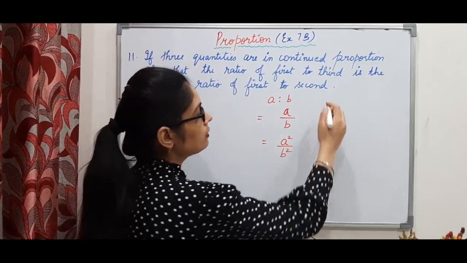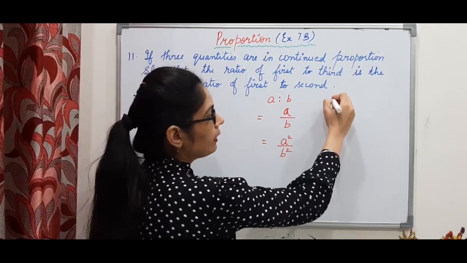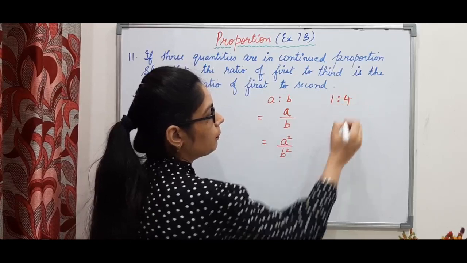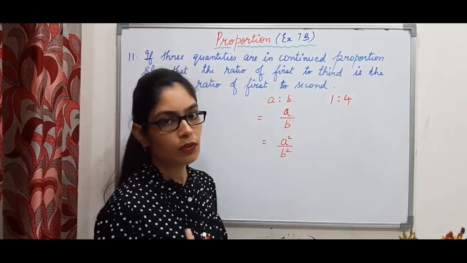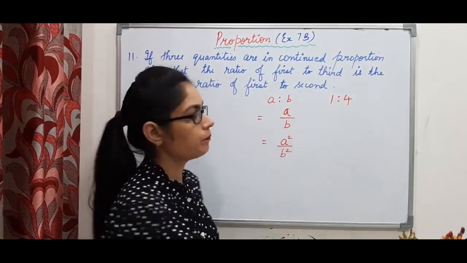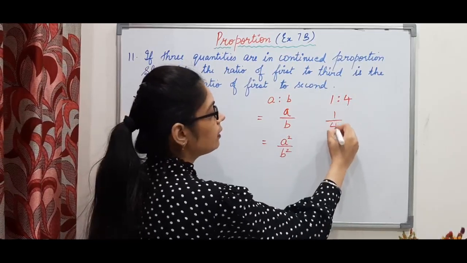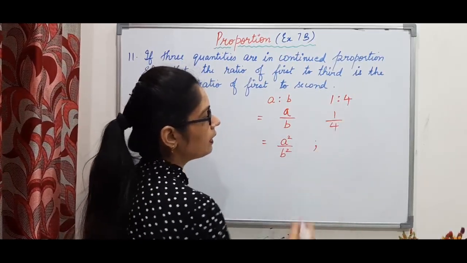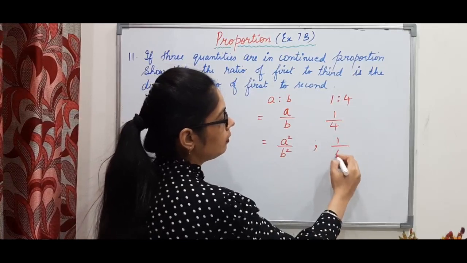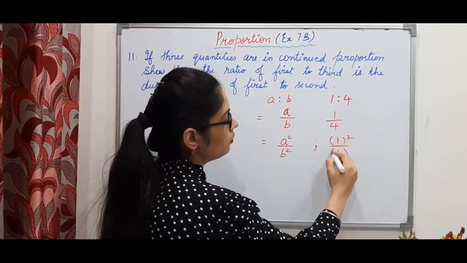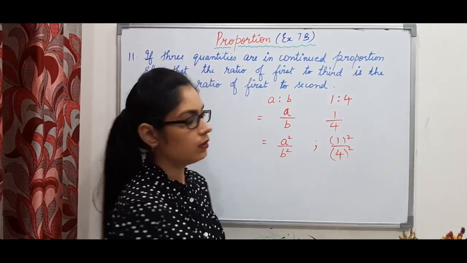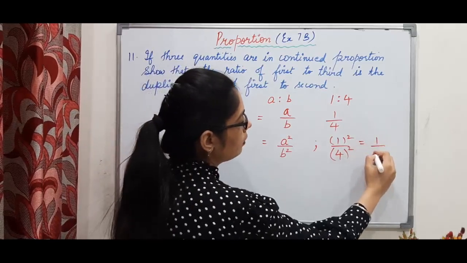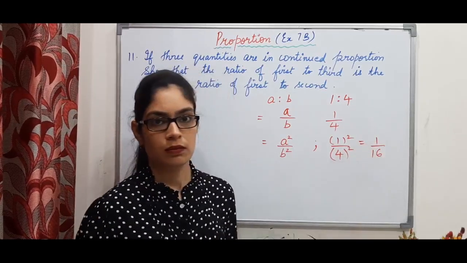Let me take an example with numbers. If I have a ratio of two numbers like 1:4, its duplicate ratio will be 1 square is to square of 4, that means 1:16.